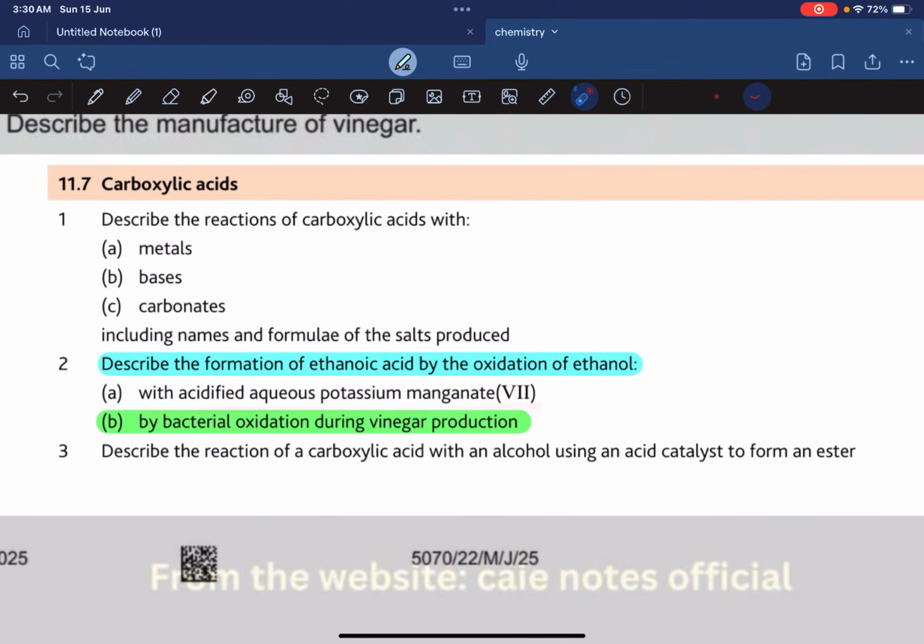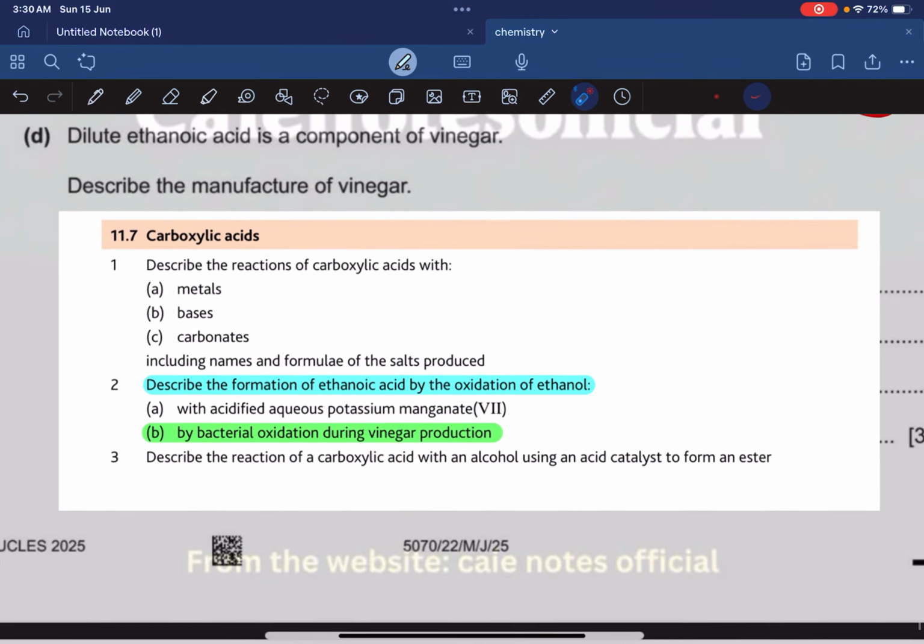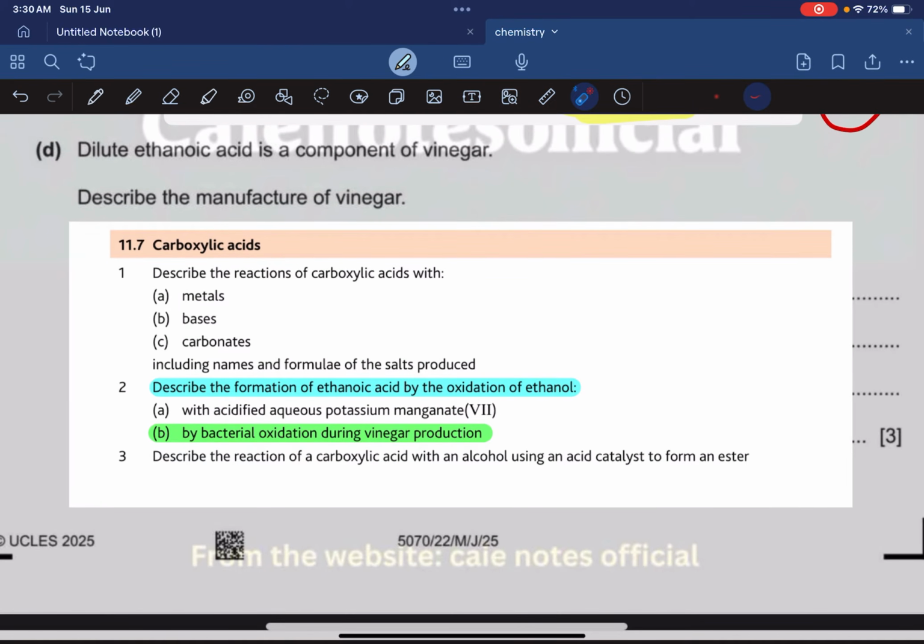I don't know if the examiner is going to think of it as correct or not. I personally don't know this. But the correct way in the syllabus was that you had to produce vinegar by bacterial oxidation. So I guess it was completely an ignorance of the syllabus that caused problems in this question.